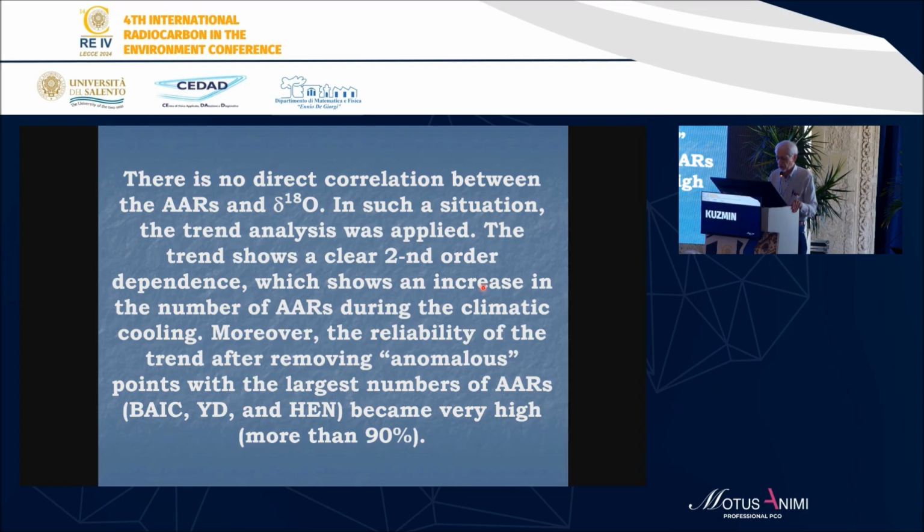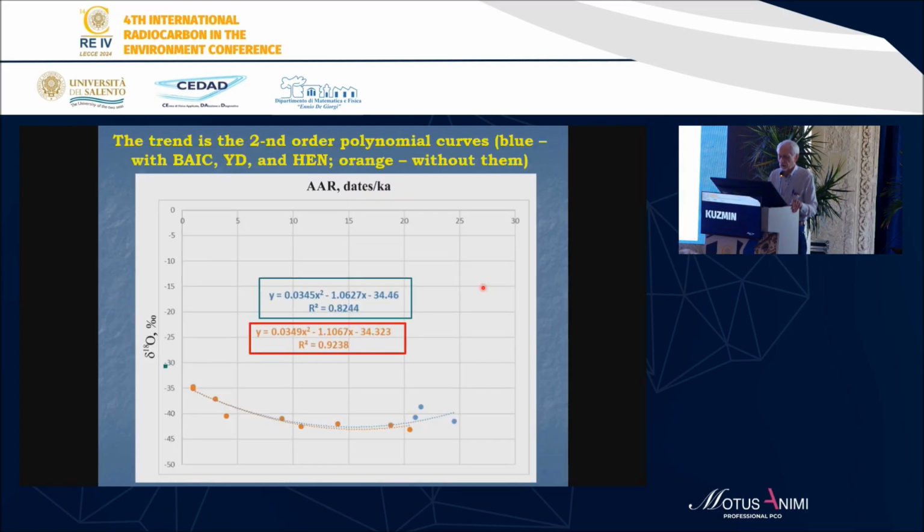I'll show you in a second. So the blue, that's the total set of our dates. And you see the R squared is 0.82, a good number. And these blue ones, which we were thinking maybe were outliers, we deleted them, and the correspondence is even better, 0.92.